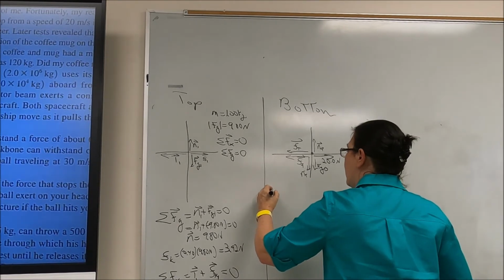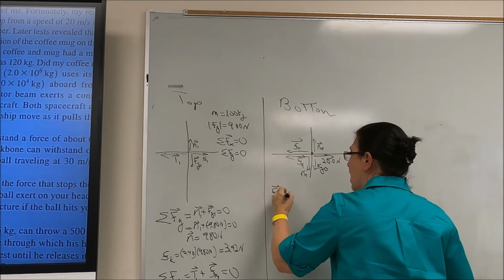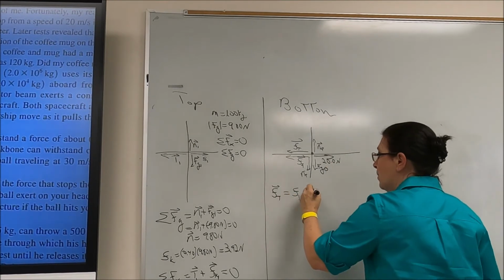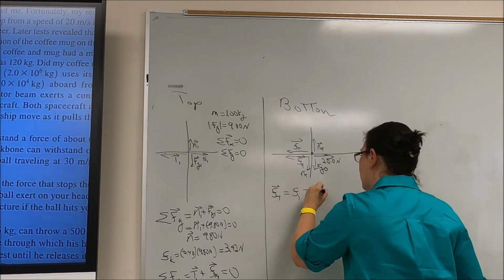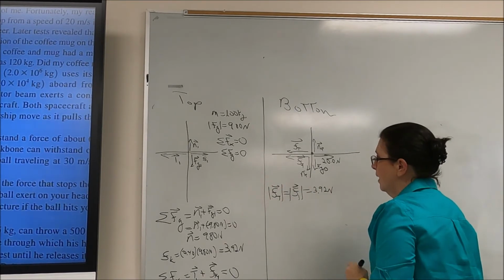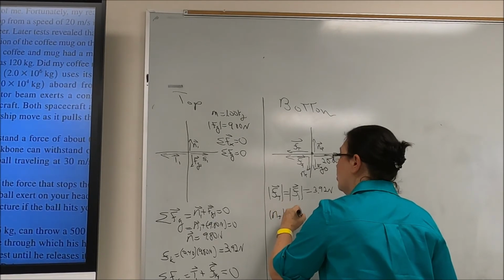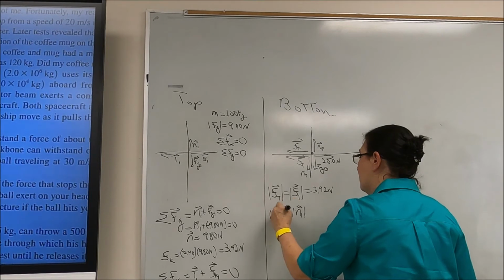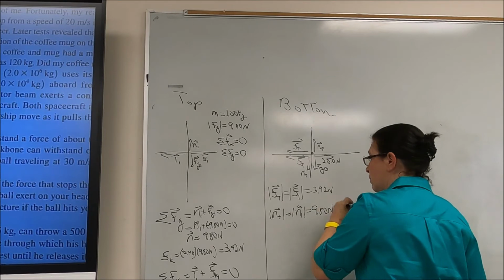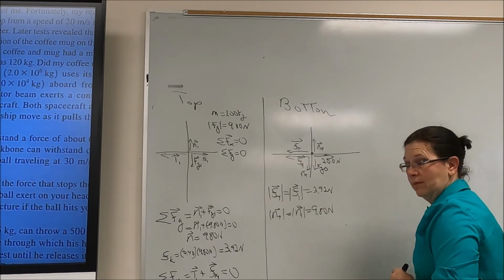Okay? The frictional force on the top is equal to the frictional force 1 from the top block, which was 3.92 newtons. The normal force top has to equal the normal force 1 on the top block, which was 9.80 newtons. Those are action-reaction pairs of forces.